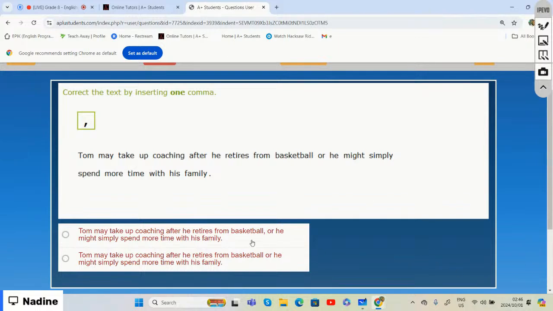If we were to choose the correct option, we will choose option 1, and that is a compound sentence. We need to put our comma before our coordinating conjunction.